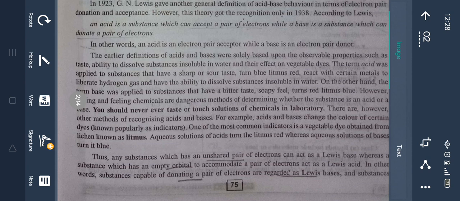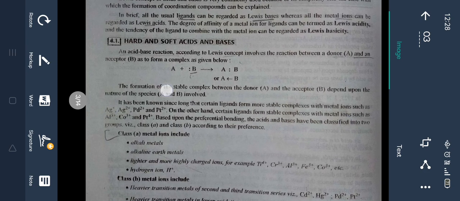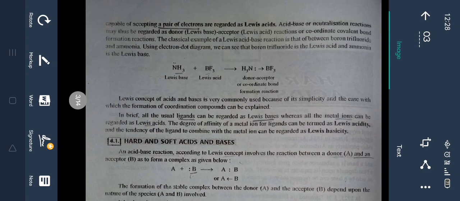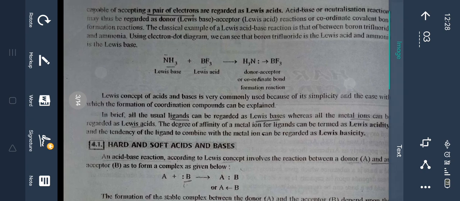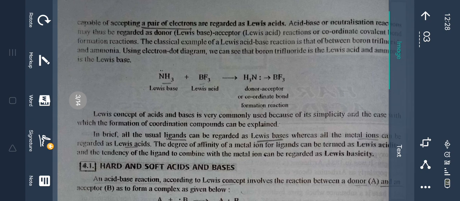In other words, substances capable of donating a pair of electrons are regarded as Lewis bases, and substances capable of accepting a pair of electrons are regarded as Lewis acids. An acid-base or neutralization reaction may thus be regarded as a donor, that means Lewis base, acceptor, Lewis acid reaction, a coordinate covalent bond formation reaction.